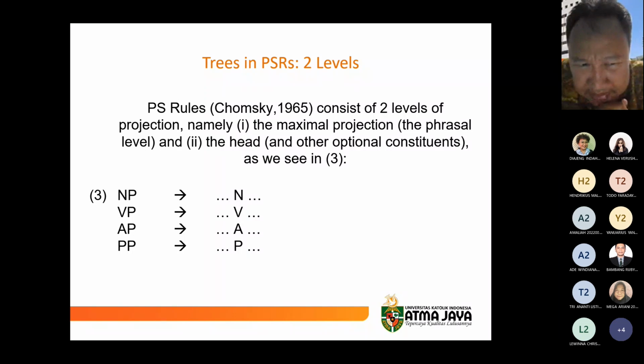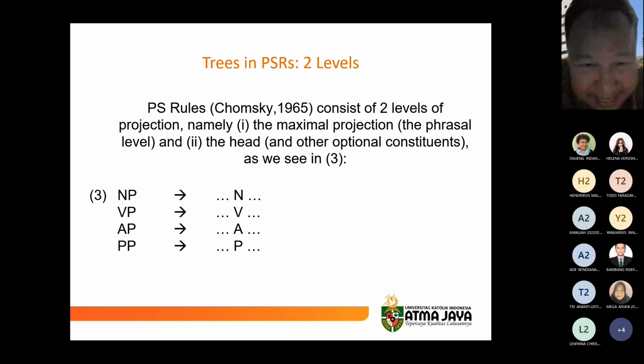If you remember, phrase structure rules consist of two levels: one, the maximal projection, which is basically the phrasal level, and two, the head and other optional constituents, as we see in number 3. So NP, the phrasal level, consists of at least an N and other constituents. VP consists of at least a V and other constituents. The same goes with AP and PP.